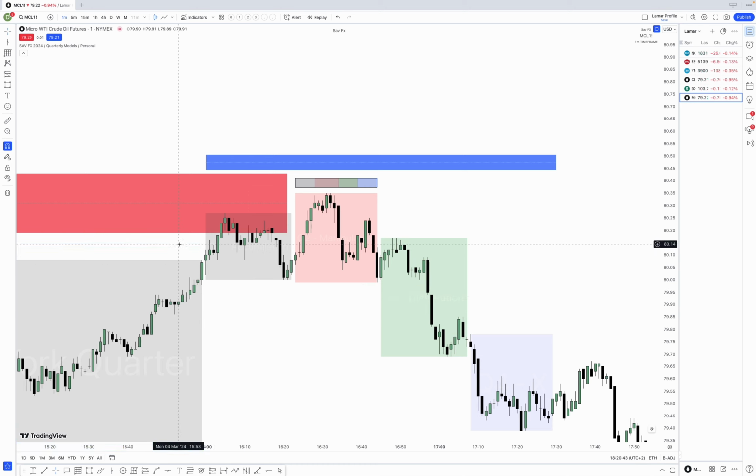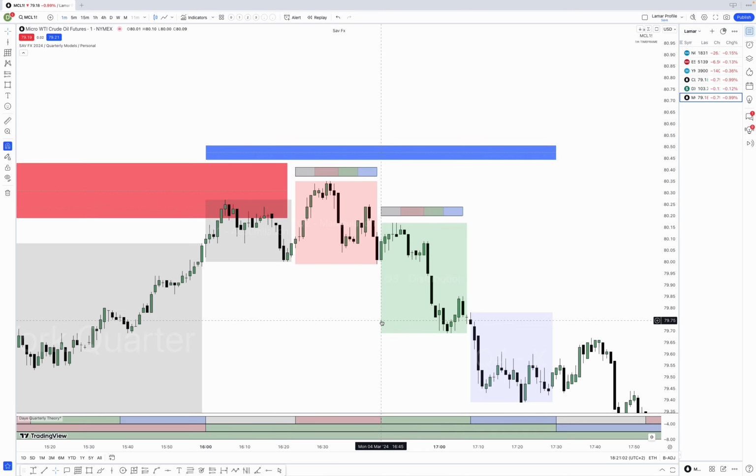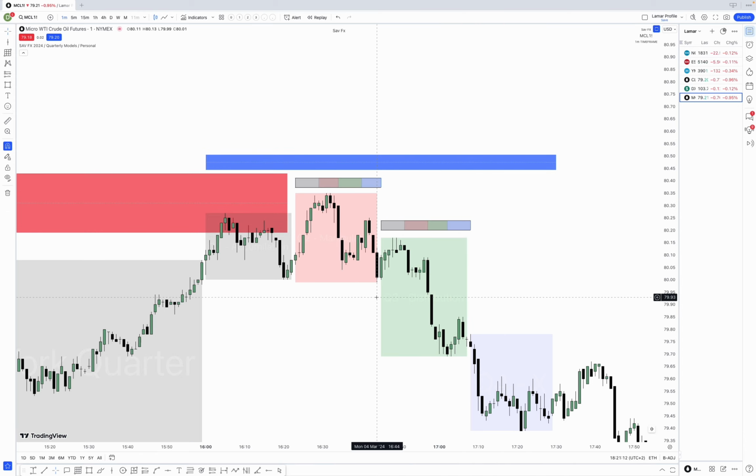The easiest way that I utilize time-based PDRAs to get in sync or to get high probability entries with little to no resistance is I divide my previous quarters and the current one like this. Let's just make sure this aligns perfectly. So this would have to be here like this, then this like this. You're going to get involved within this range, Q3.